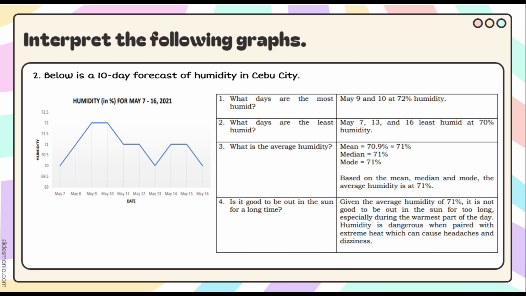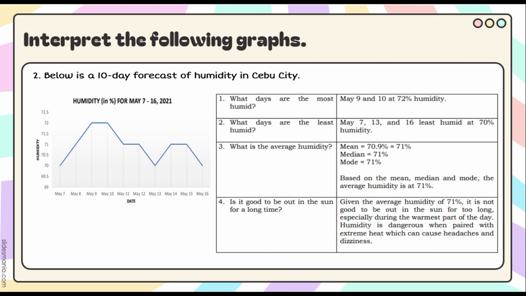What is the highest here? As you can see in our line graph, we have the highest on May 9 and May 10 at 72% humidity.